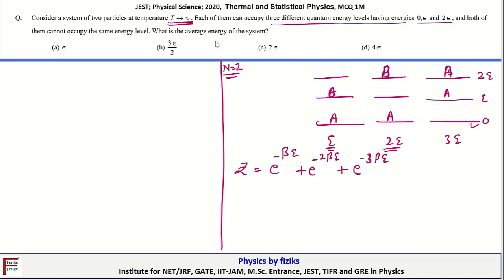Now from here we can calculate the average energy, because we have to evaluate the average energy for the condition that T approaches infinity.